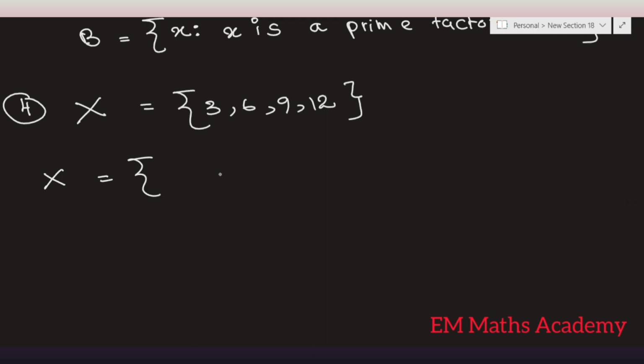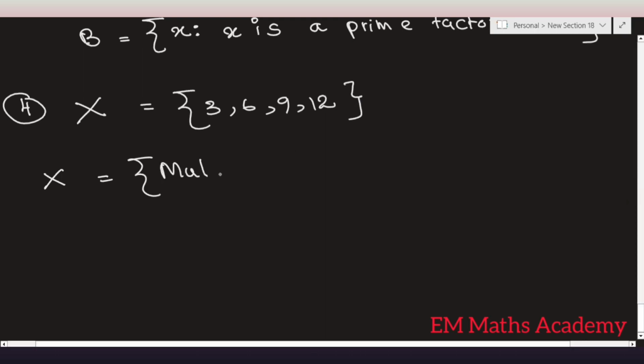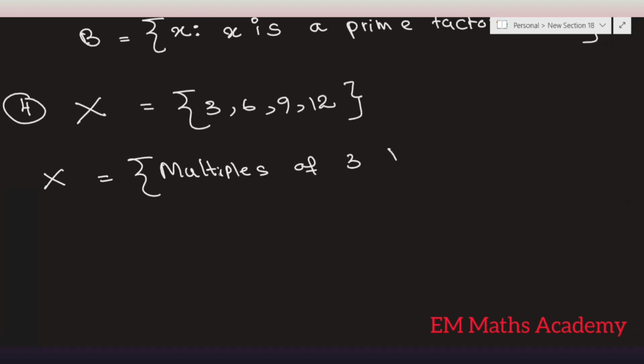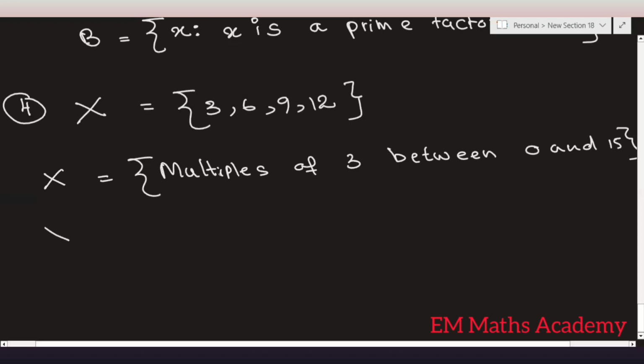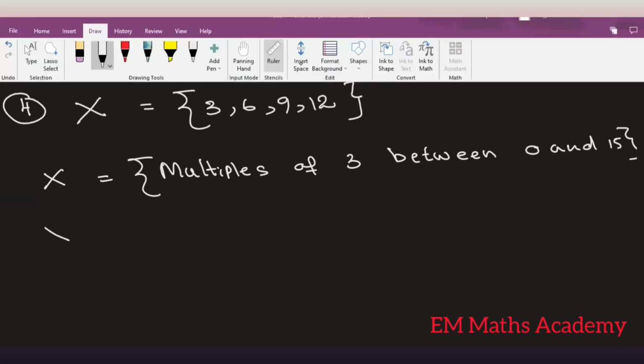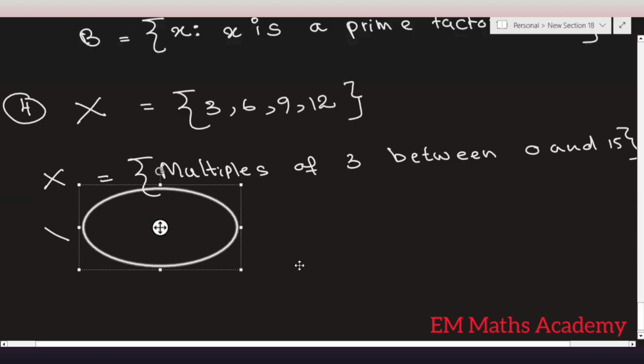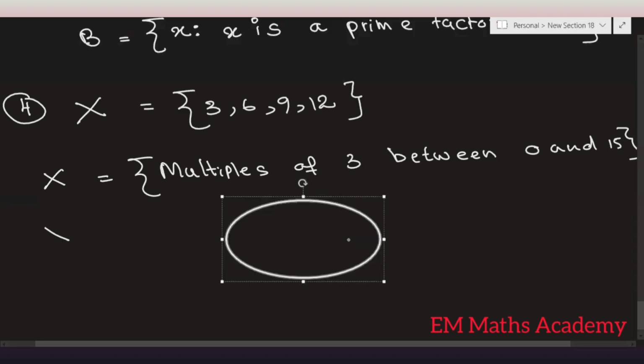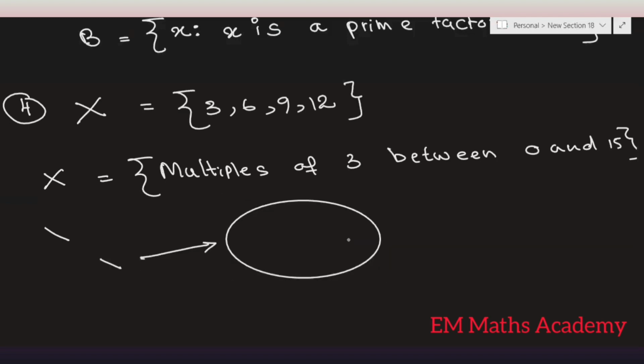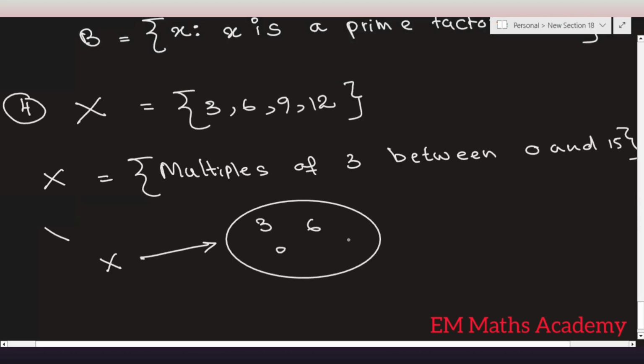Very good. Or you can write from 3 to 12. It doesn't matter. Then in the Venn diagram method, we draw a closed plane figure and name it X, then 3, 6, 9, 12.